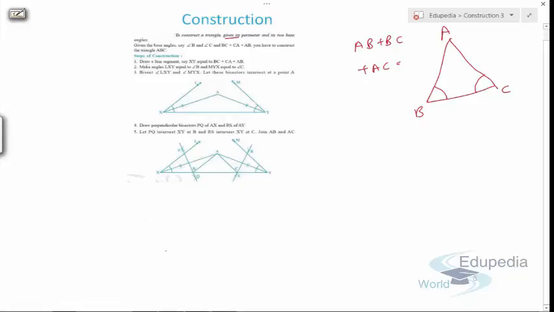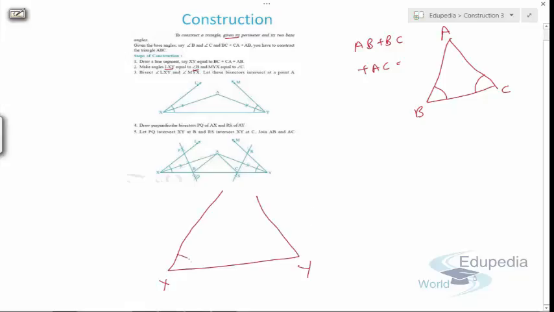First of all, we need to draw a line segment XY. Let's say this is XY, equal to BC plus CA plus AB, meaning it should be equal to the perimeter. Then we need to make angle LXY equal to angle B, and angle MYX equal to angle C. From here we draw one angle, and from here we draw another angle.